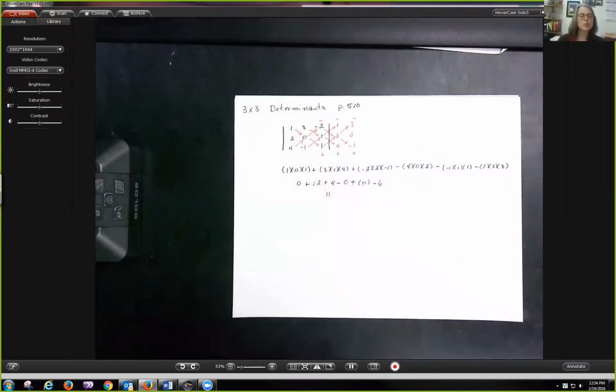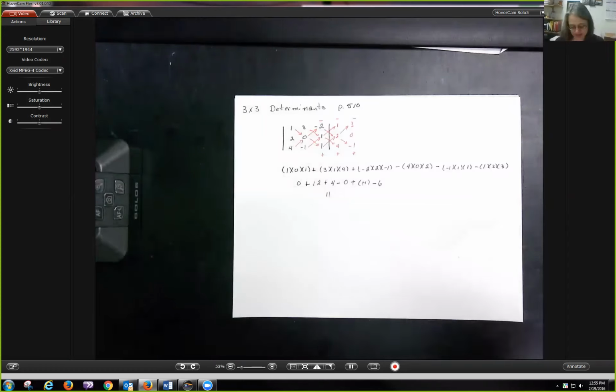This is one way of handling 3 by 3 determinants. It's my favorite way. I'm going to tell you straight up, this is the method that I use when I need to find a 3 by 3 determinant. I'm also going to tell you that I'm not going to hold you to which method you use to find a determinant.